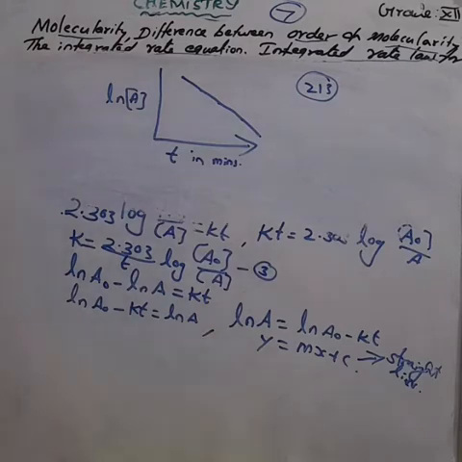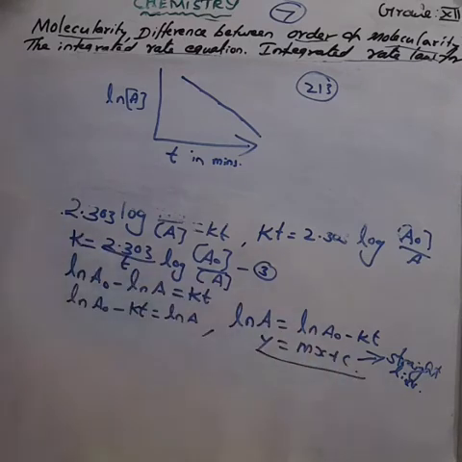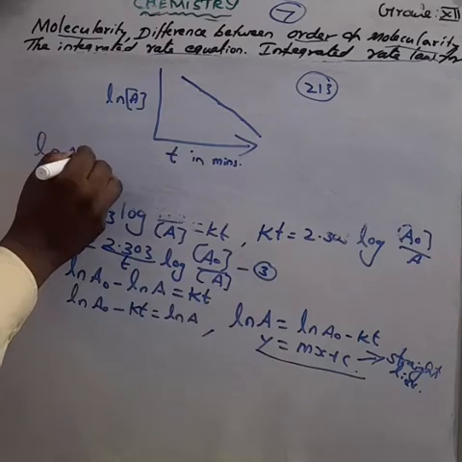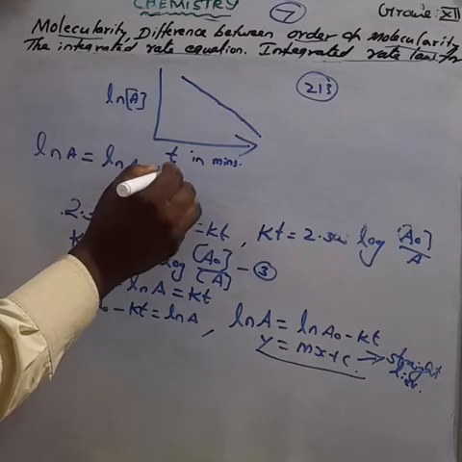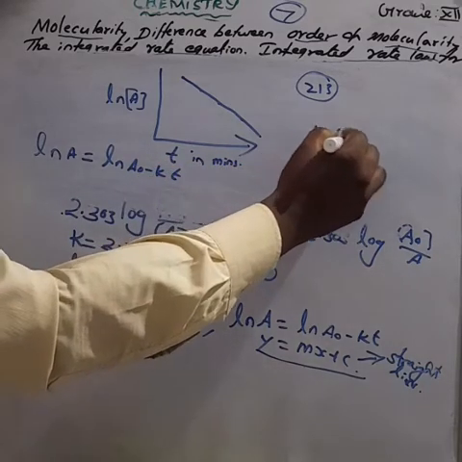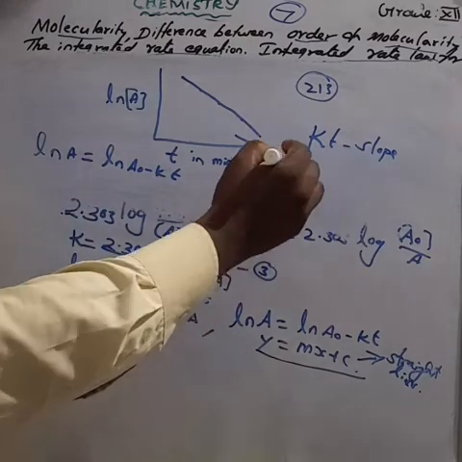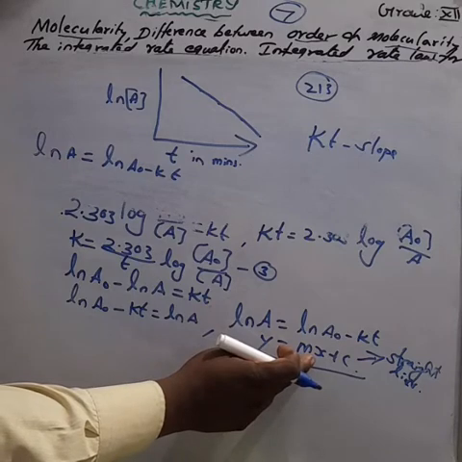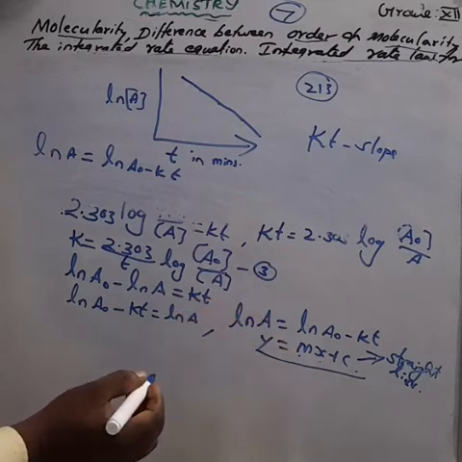Here, one of the equations, ln A, that we wrote previously: ln A is equal to ln A naught minus KT. Here KT is the slope. Here y is equal to c plus mx, where x is the x-axis, time, and m means the slope.